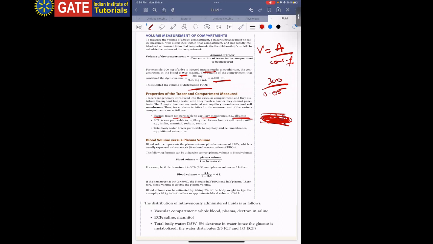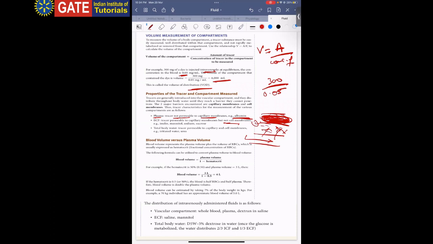Then we have the extracellular fluid. In the ECF, you will require a tracer that will be permeable to the capillary membrane, but not to the cell membrane. Like when you give it in the vessel, it can go out in the interstitium, but it cannot enter to any cell. And the examples are the inulin, mannitol, sodium, or sucrose.